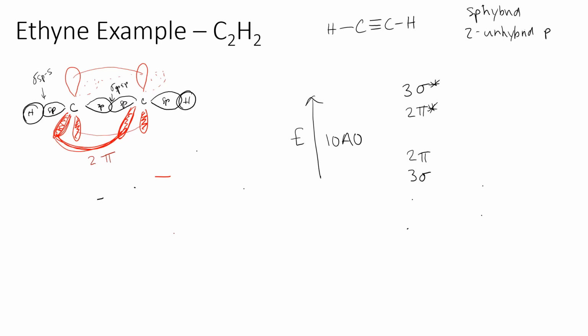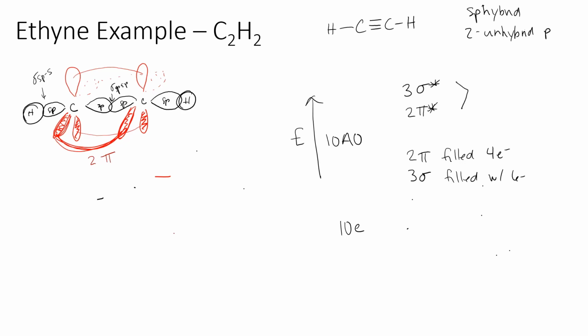From here, we're going to fill in all the electrons, and we're going to have a total of 10 electrons in our structure. So my sigma bonding molecular orbitals will be filled with 6 electrons. My pi bonding molecular orbitals will be filled with 4 electrons, and that is all the electrons I have to put into my structure.